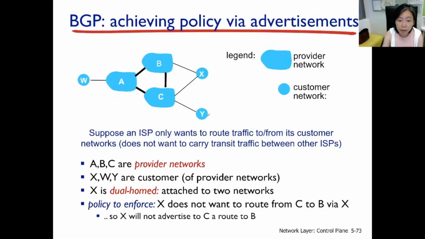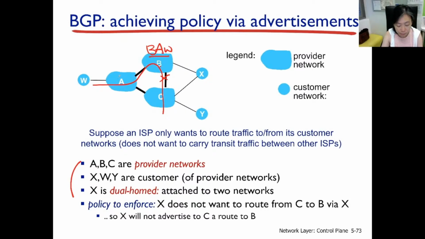Scenario 2 is very similar to scenario 1. The network is completely the same, and we just continue scenario 1 from here. When B has discovered BAW is a path to go from B to W. Now back in scenario 1, the admin of B chooses to not forward BAW to C, so that we don't draw traffic this way.